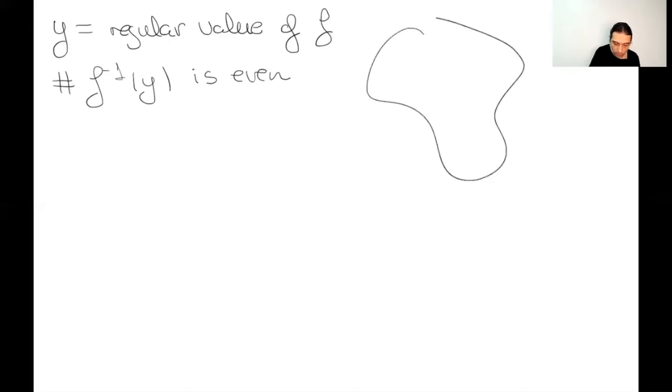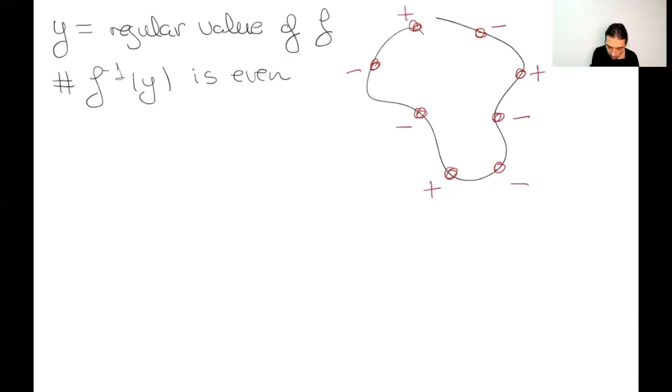So we can consider those points in the preimage of y, something like this, and half of them are going to be positive, okay, and half of them are going to be negative. And what we want now is connecting every positive point with a negative point by a neat arc, something like this, for instance.